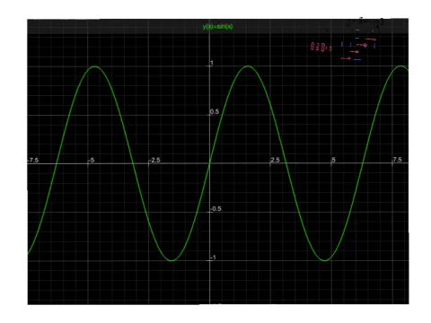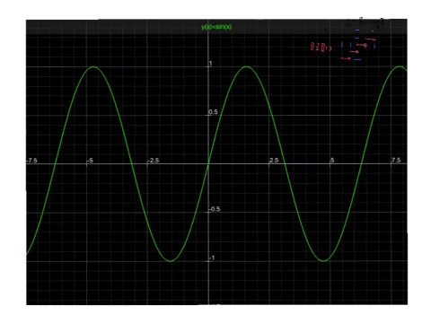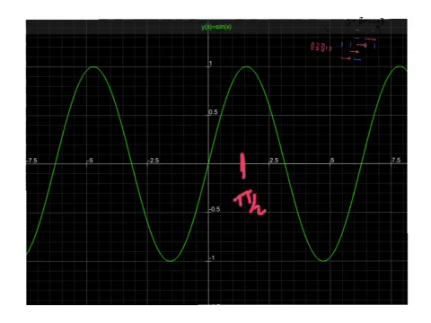Notice that here it's pi over 2, pi, 3 pi over 2, and so on.